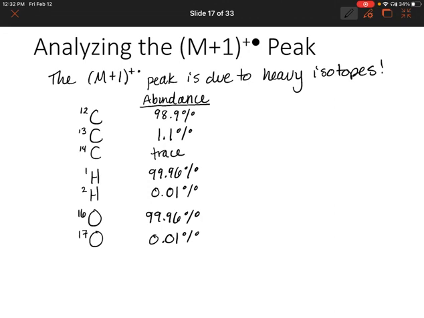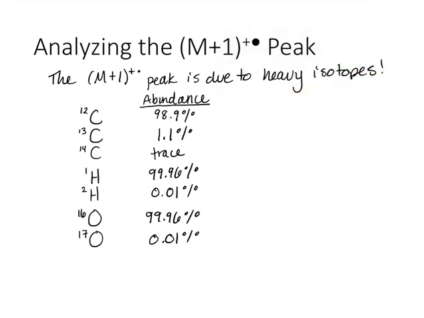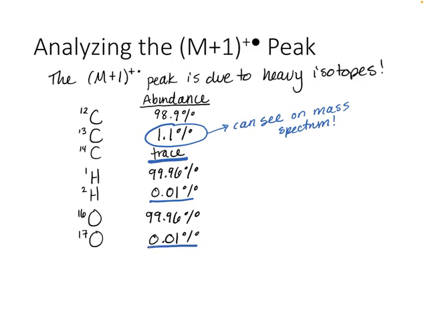So if this all runs through a mass spectrometer, we would be able to see a carbon-13 peak because it's abundant enough to see it. But these other isotopes are not abundant enough to show up on a mass spectrum. So those are too small to see.